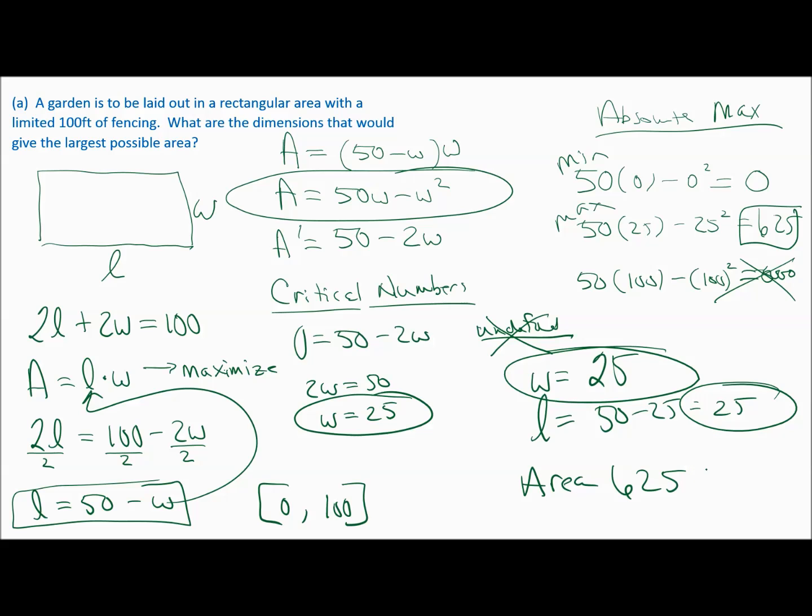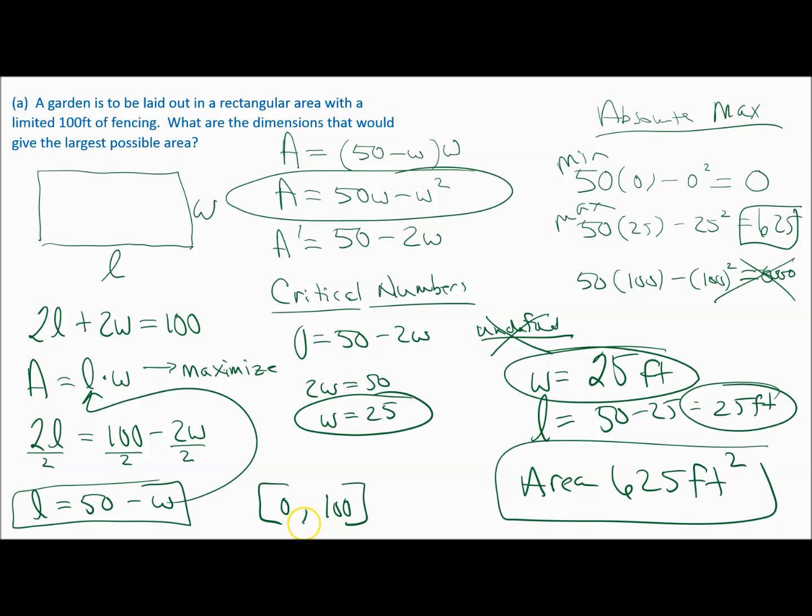Now, we probably need to be using units, don't we? It was in feet, so this is 25 feet, and right here we have 625 feet squared. Okay, so pretty straightforward. We got one critical number, but thinking about these limits, kind of like endpoints, can get a little bit strange.